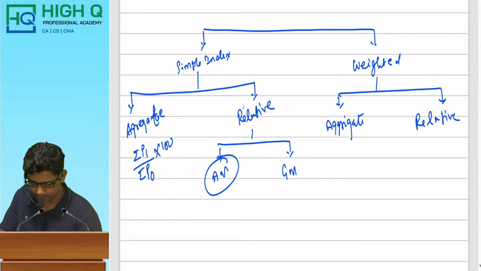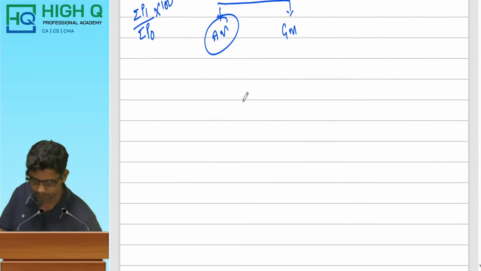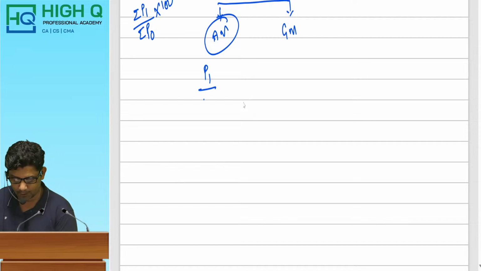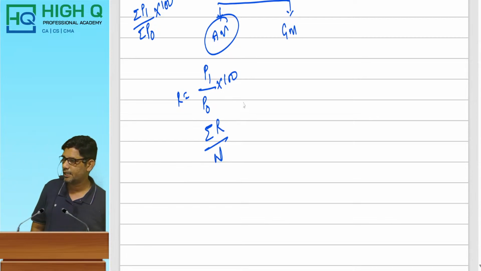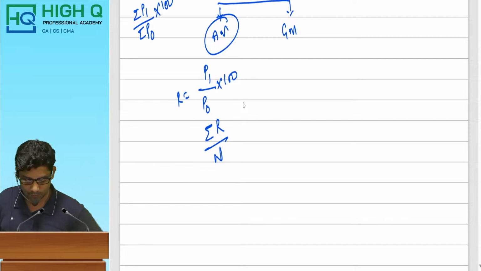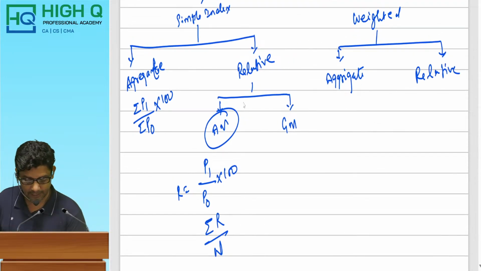Fine. Now in arithmetic mean, what is the formula? First you will find out the individual index, which I'll take as R. Then the actual index is summation R divided by the number of quantities. Now, what is the weighted method?